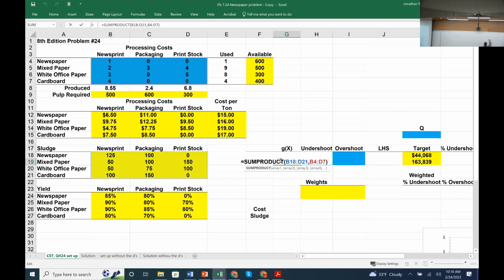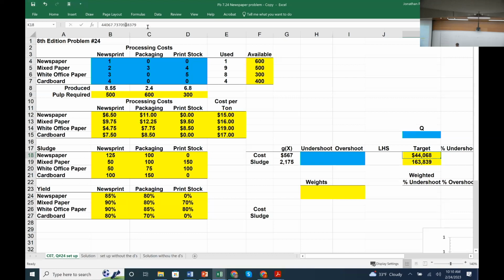This is G2 of X, and this one is our G1 of X. One thing we care about, second thing we care about, can't point solver to both, so we have to do this as a GP. And I already have targets there. I hope those are just the right targets.